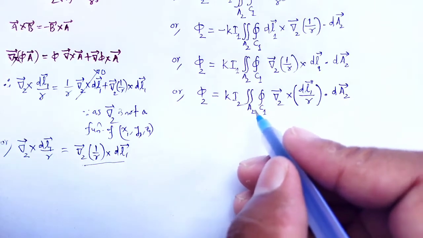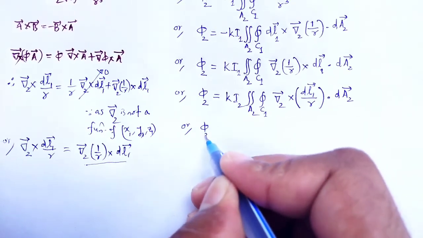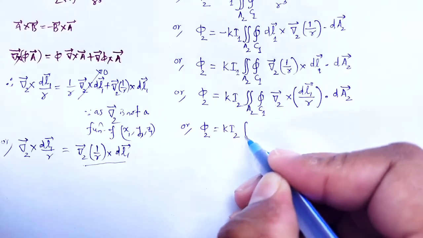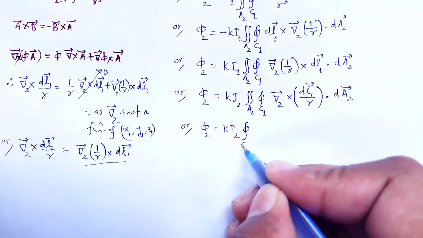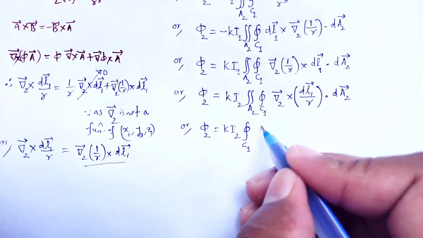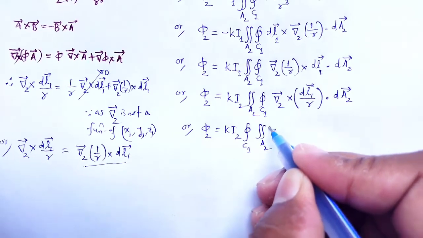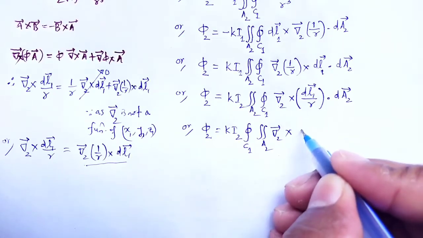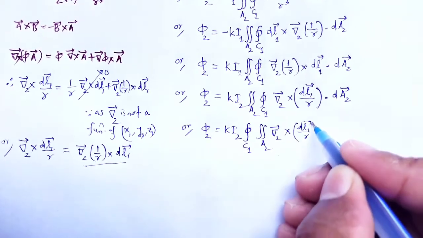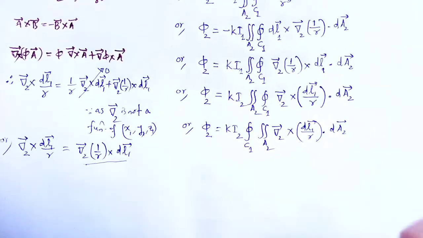Now that can be written as phi 2 equals k I2, closed curve integral C1, surface integral A2, grad 2 cross dl1 by R dot d a2.